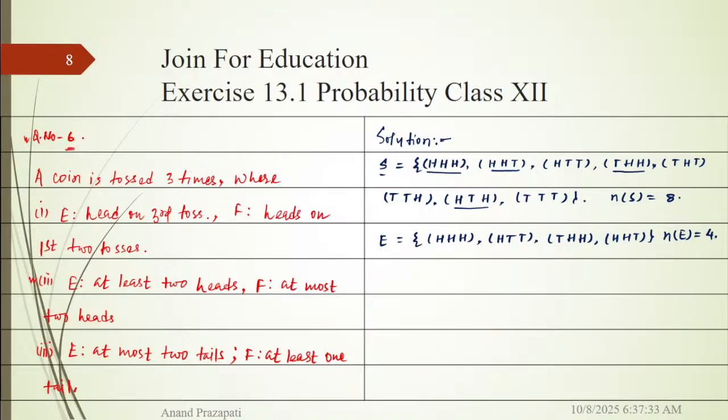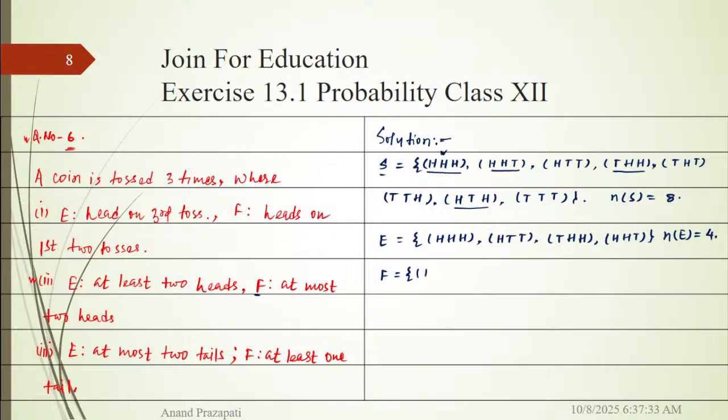And event F has at most 2 heads. So F is at most 2 heads. It means that we leave this one only, and we write down all of the others.